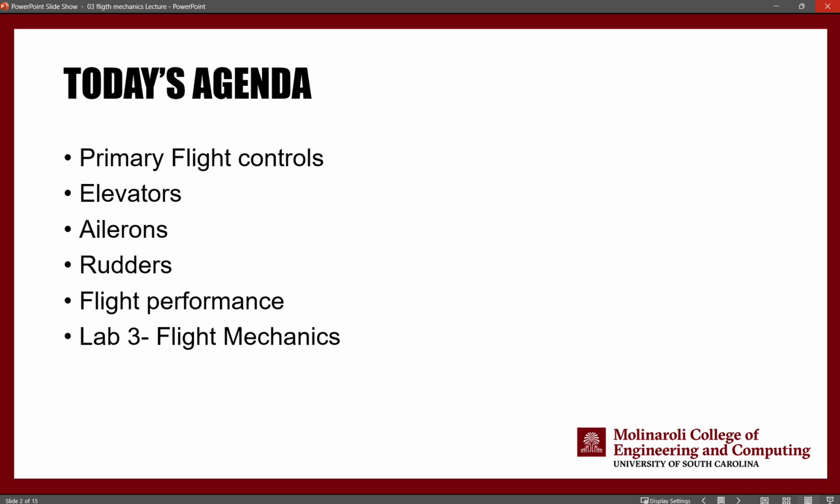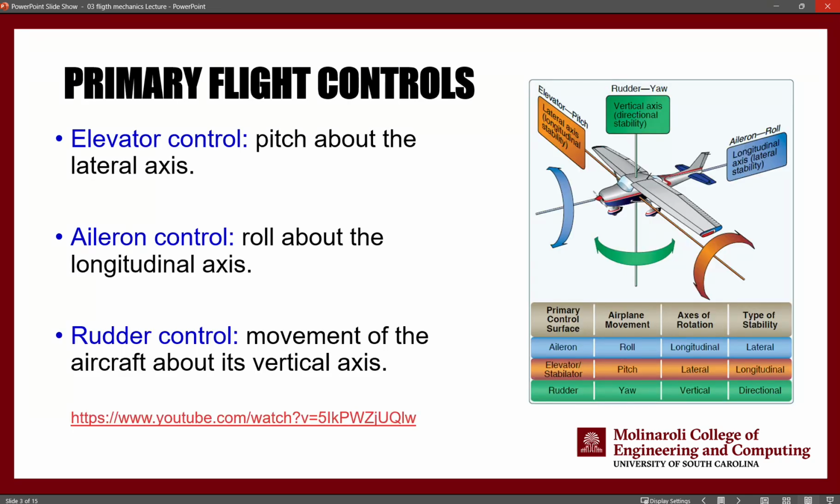And we'll move on to what you will need to do for your Lab 3 flight mechanics. Okay, we have three different primary flight controls. You have to keep in mind that these are primary flight controls, meaning that there are other flight controls available in an aircraft, but they are not the main source of control.